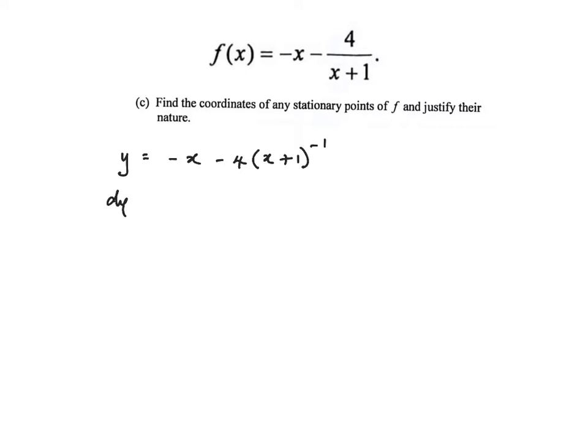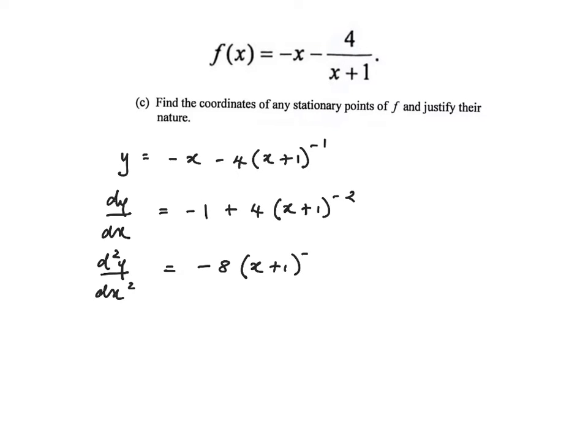And dy by dx then is minus 1 plus 4 x plus 1 to the power of minus 2, and d2y by dx squared equals minus 8 x plus 1 to the minus 3, which we can write as, and this will be useful for determining the nature of the stationary points.